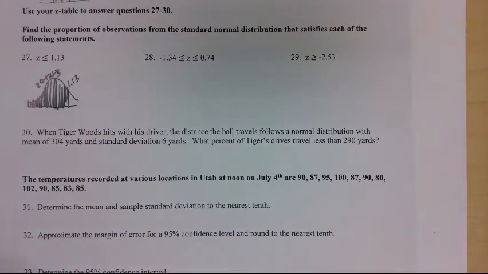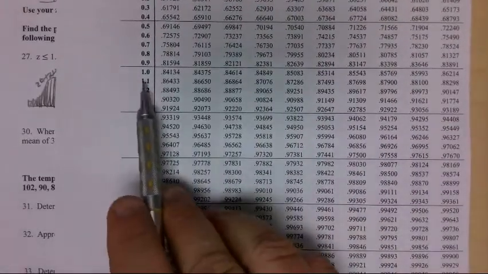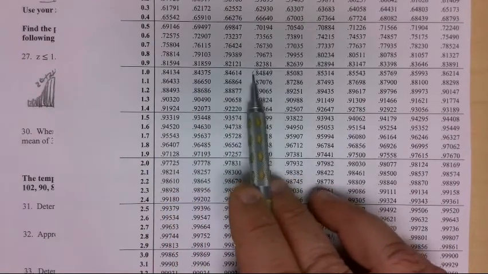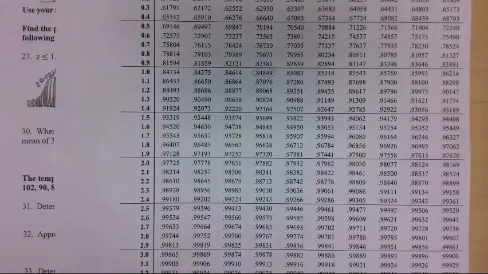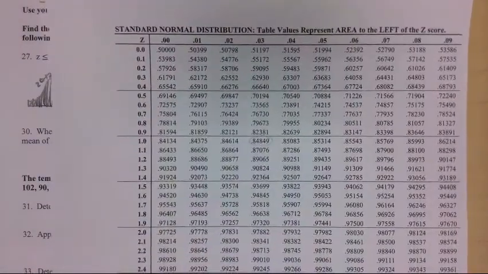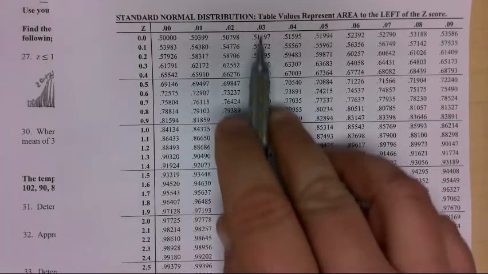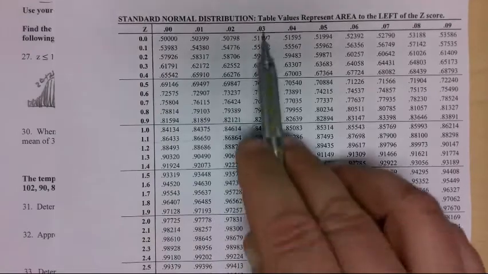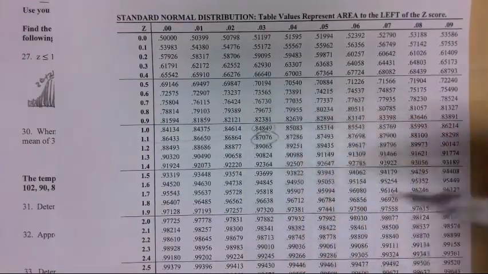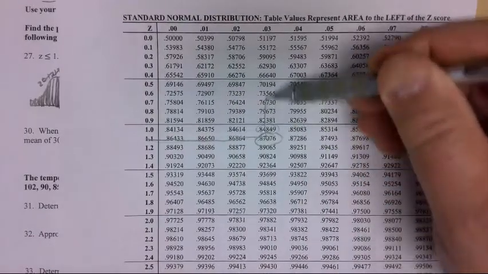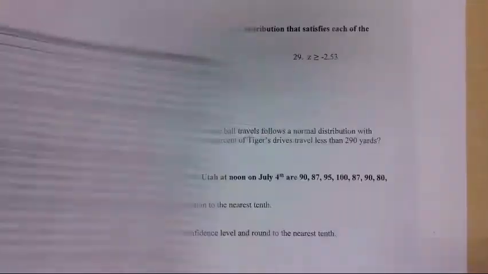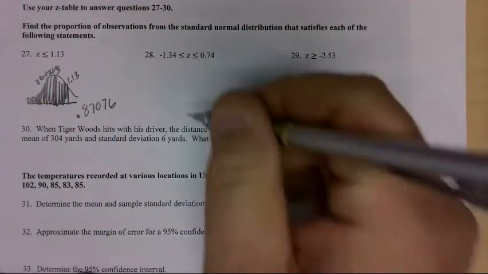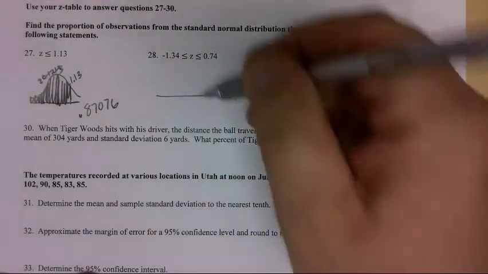If I look at my positive z-table, 1.10, 1.11, 1.12, 1.13, there it is, right there. 0.87076. See it? Okay, cool. Now I want between negative 1.34.